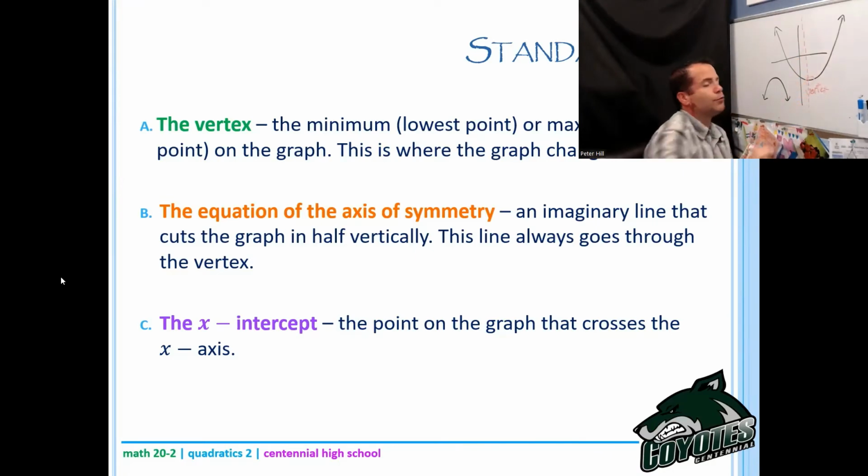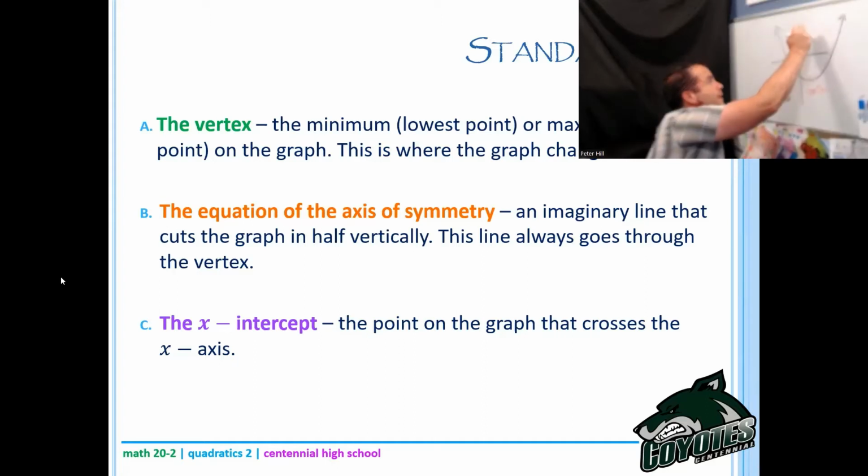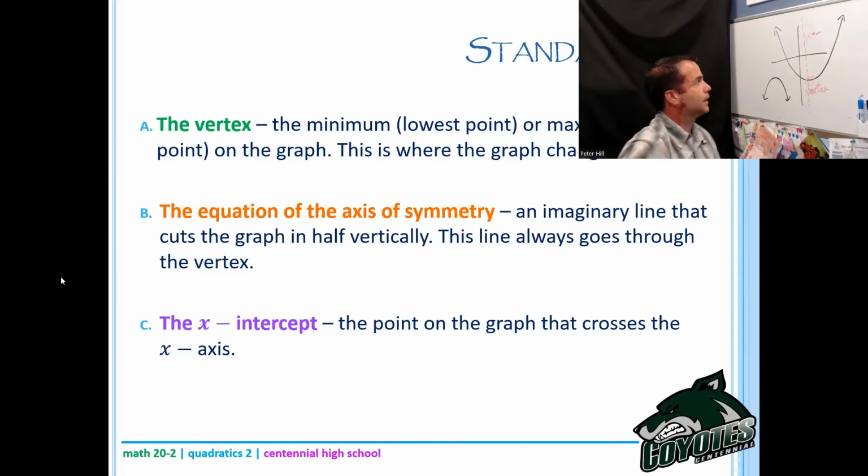Anytime in math that we draw a line that we talk about, but it's not actually part of the equation, it should be a dotted line. Just take note that I drew that as a dotted line, okay? And then this would be x equals whatever value x is at the vertex, okay? That would be the equation. So it's an imaginary line that cuts the graph in half vertically. This line always goes through the vertex.